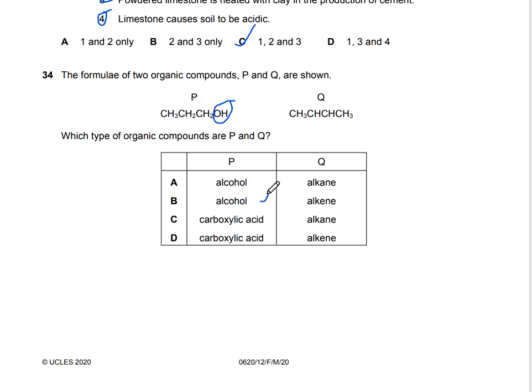So we have B and A. So we remove C and D. However, by looking at this formula, Q can be an alkene, not an alkyne, because there is a double bond between the second and the third carbon. So the correct answer for this is letter B.